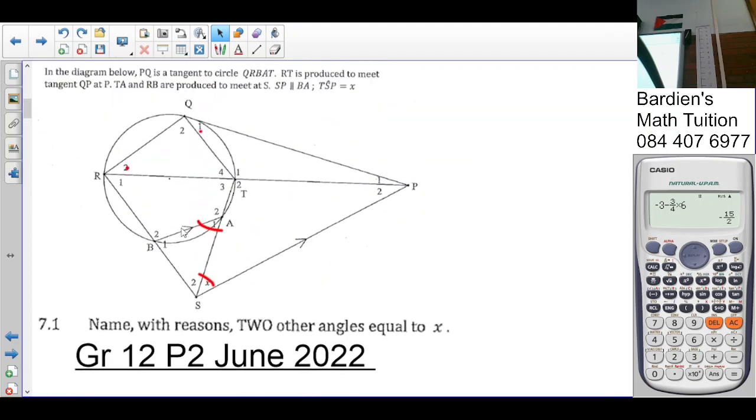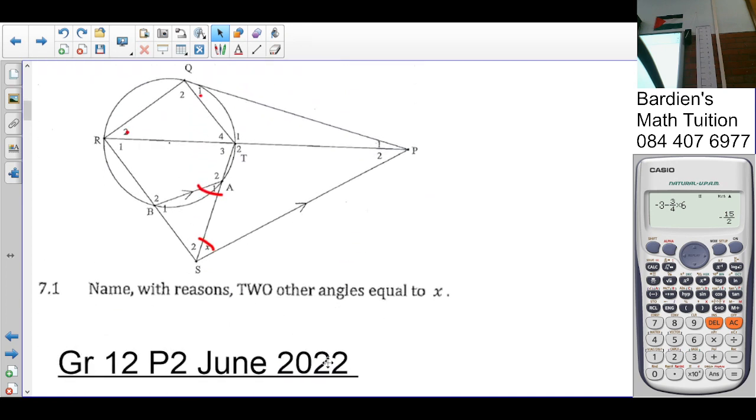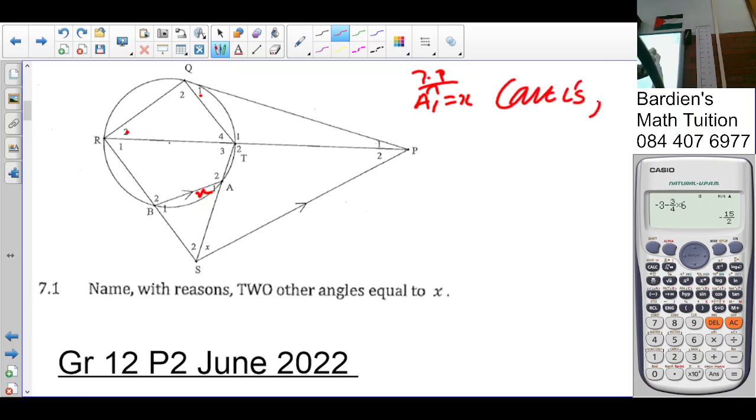In 7.1, we are told to name with the reasons two other angles equal to x. So of course A1 is x. Why? That's alternate angles with BA being parallel to SP.